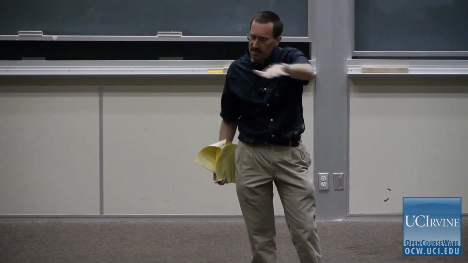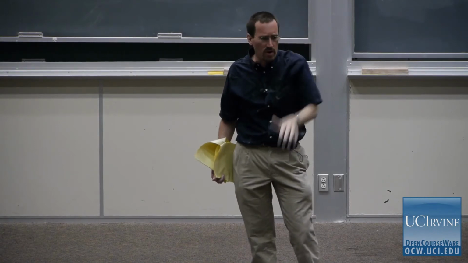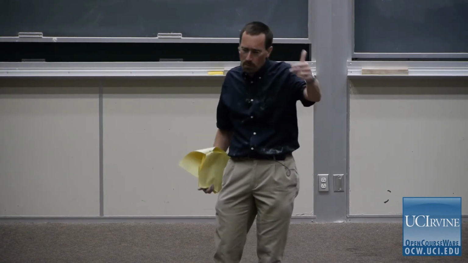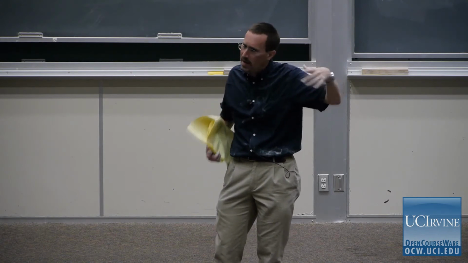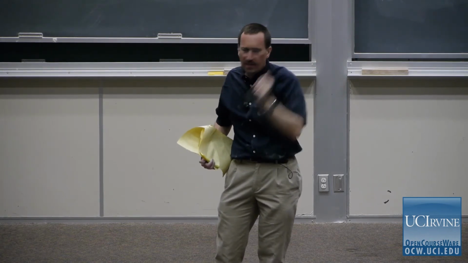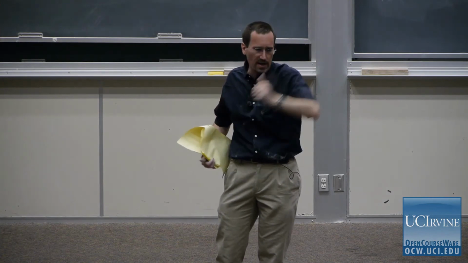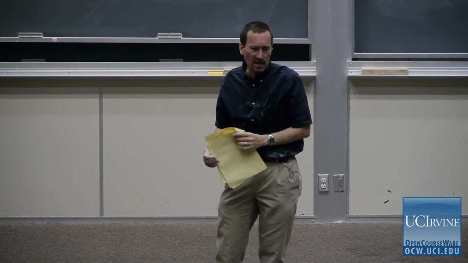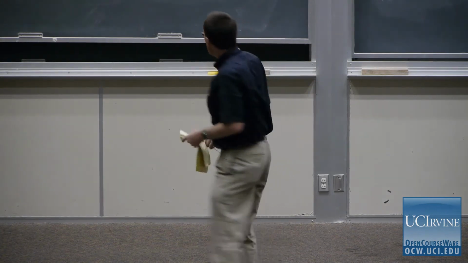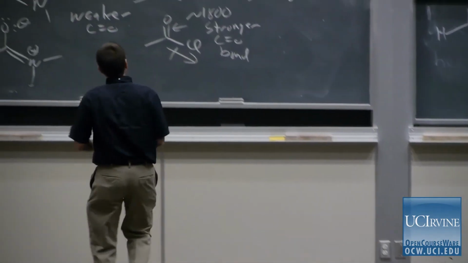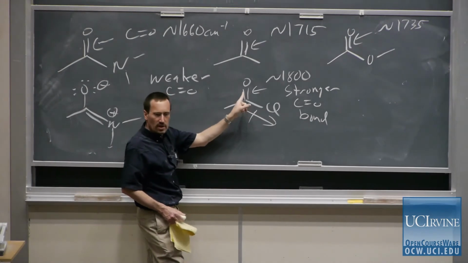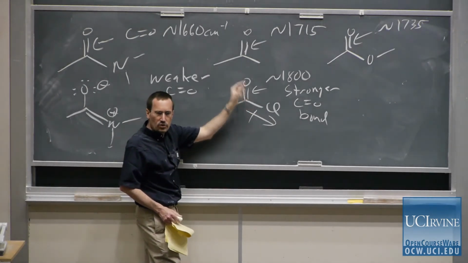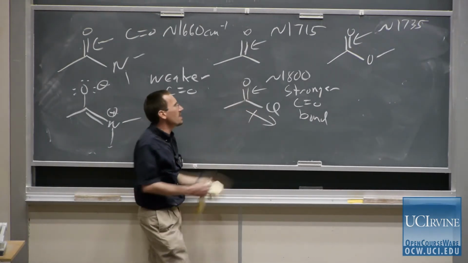Chlorine, instead of being second row, is third row, one row down. You can't get much pi bonding. You end up with very little double bond character, but a lot of that sigma electron withdrawing character, a lot of the chlorine inductively electron withdrawing. And so you can think of the chlorine as pulling electrons down from the oxygen, making this bond stronger. It's pulling electron density down.